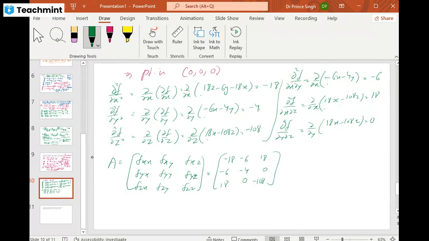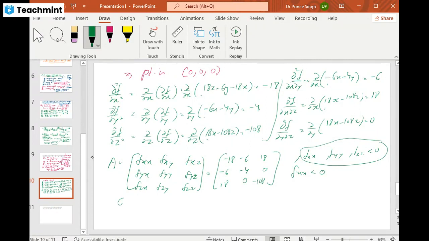The condition is whether the principal diagonal elements are of the same sign. You can see all three principal diagonal elements, f of xx, f of yy and f of zz, are negative. So we are going to check the condition of maxima, which is that the principal minors are of alternate sign. Already f of xx is less than 0.